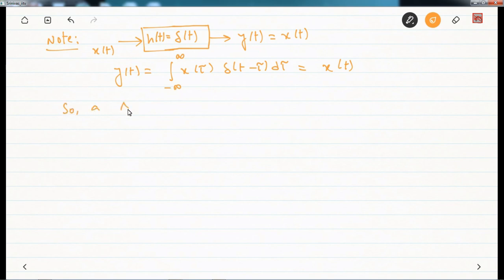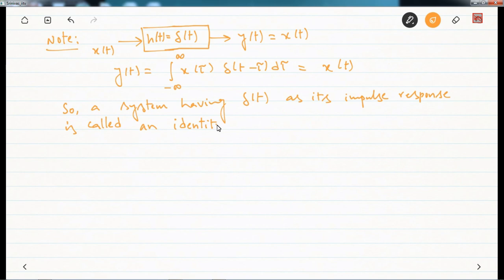So a system having delta of t as its impulse response is called an identity system, because its input is equivalent to output, or its output is equivalent to input.